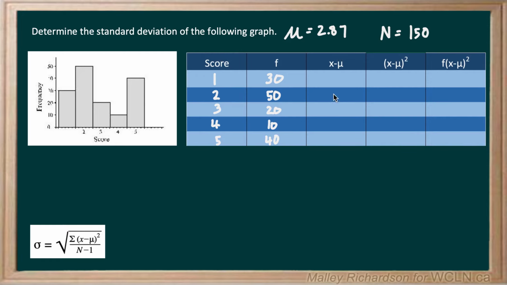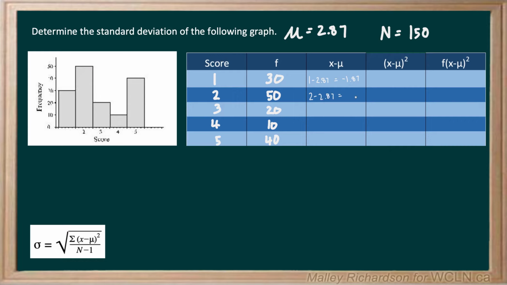Now our next column is x minus mu, where x is our score and mu is our mean. So x is 1 minus mu, which is 2.87. And 1 minus 2.87 gives us a value of negative 1.87. Now in our next row, our x is 2, and the mu is 2.87.